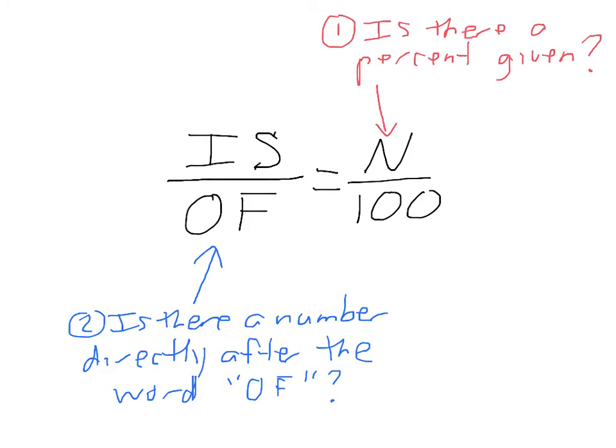So when I look at my question, I'm going to try to find in the question the word of. And if I find the word of, if there is a number right after it, I'm going to put that number in the of spot. What if there's no number after the word of? An X. Put an X there. Okay.